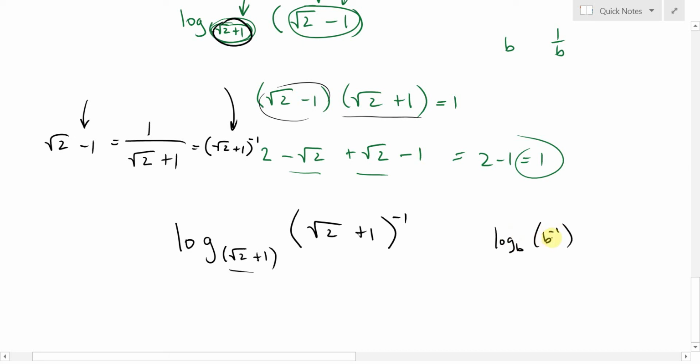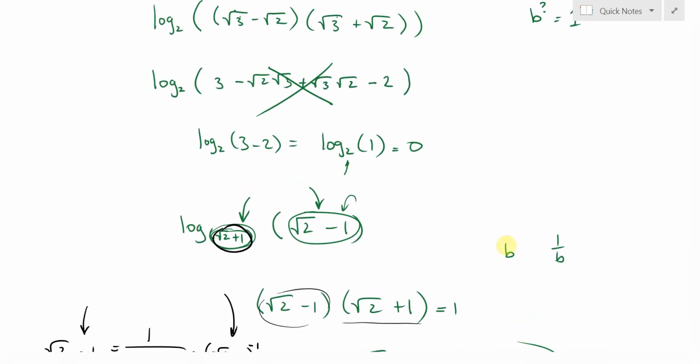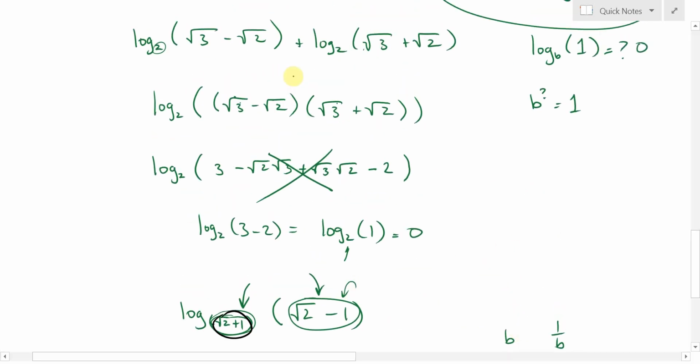Well, obviously, the log base b cancels with the exponentiation of b, and you just get negative 1. So we get a negative 1 here. Okay, so that's the answer there. And it is similar to the kind of problem that we had here when you realize, oh, wait a minute, this is the multiplicative inverse of that, right? When we multiplied them out, we did get 1 itself. So that's what these two problems had in common.